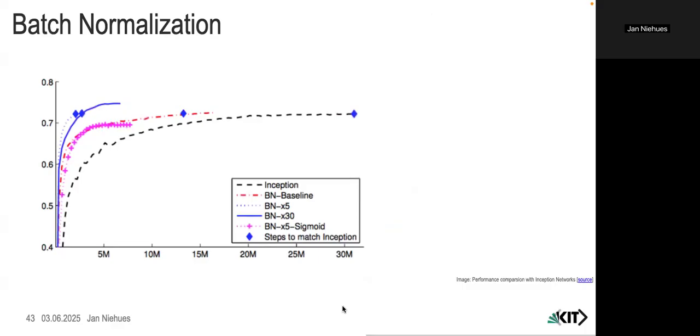I don't know if it's really much better performance, but you're getting the same performance very much earlier than you get with the other models later. So with batch norm, you're faster.